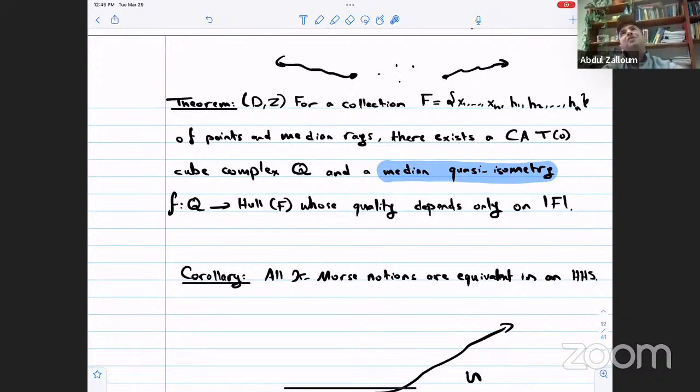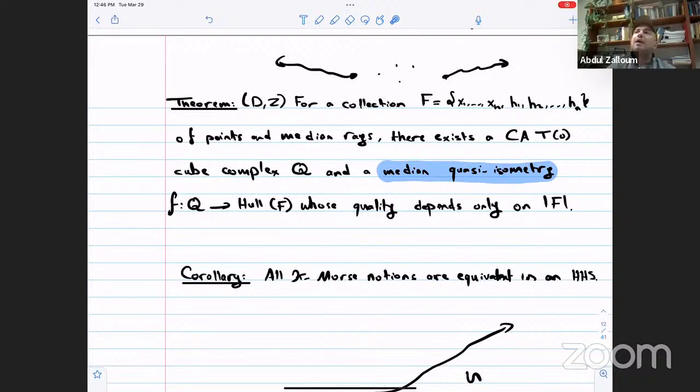So if you give me any random spaces x and y, and instead of taking a quasi-symmetry, take a median quasi-symmetry, then lots of things that wouldn't be preserved would be preserved, right? So it's a natural thing to consider.